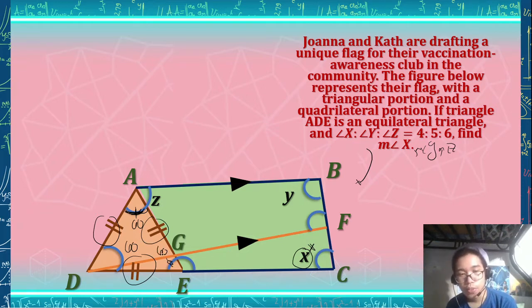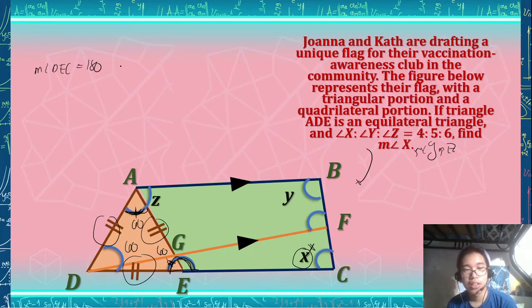Therefore you have 60 degrees here, and then you're going to have this angle right here. This is going to be angle DEC. It's a straight line, so the measurement of angle DEC is equal to 180 degrees. It has two angles that are adjacent to each other and form a linear pair.